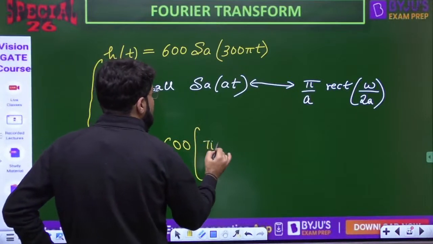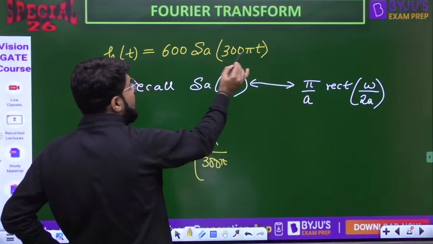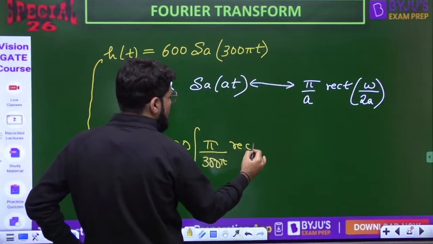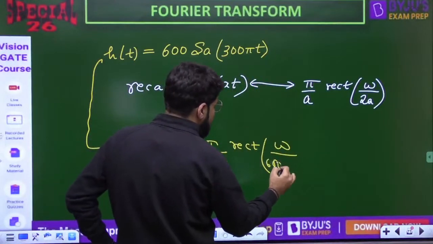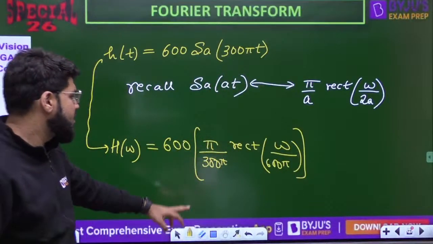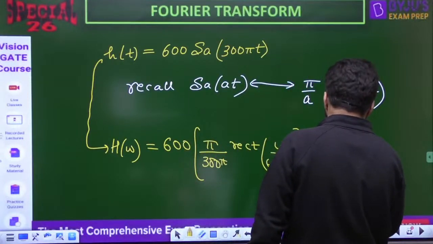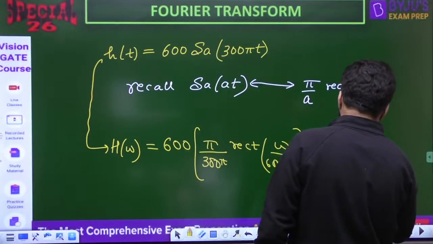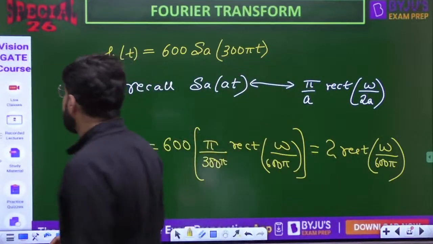Then you have sampling with a equal to 300 pi, so pi by 300 pi into rect of omega by 2a. With 2a you get 600 pi. Now pi to pi cancel. 600 by 300 will be equal to 2, and this is of the form 2 rect omega by 600 pi.